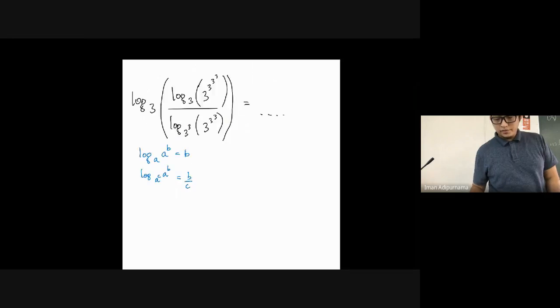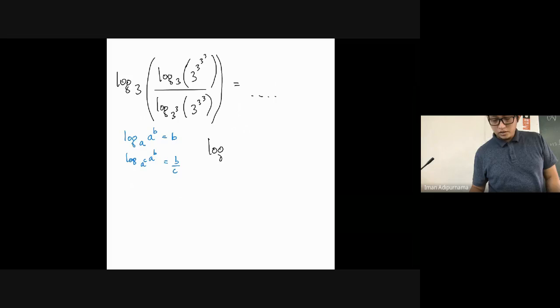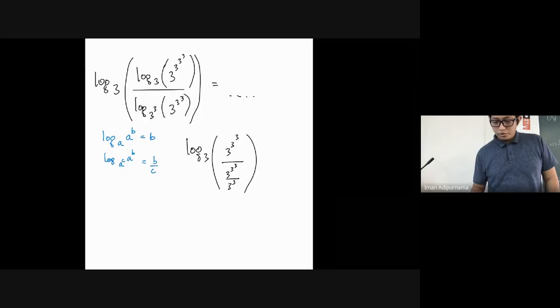So I can write this log 3, okay? And the top one will be 3, 3, 3, divide 3, 3, 3, okay? And it will be log 3.